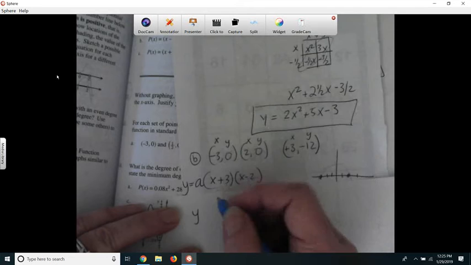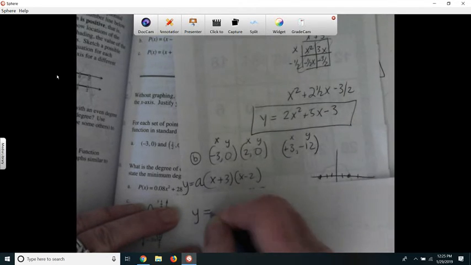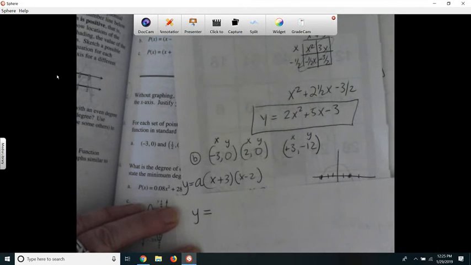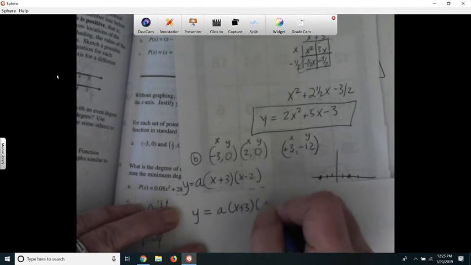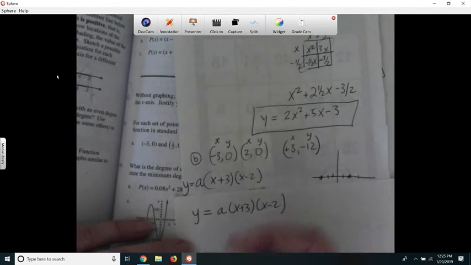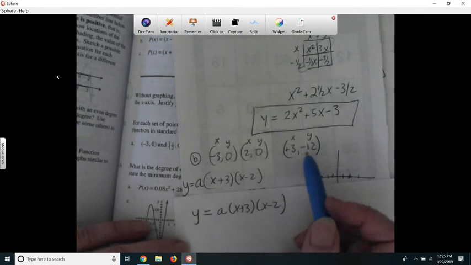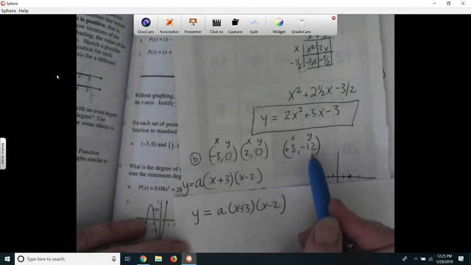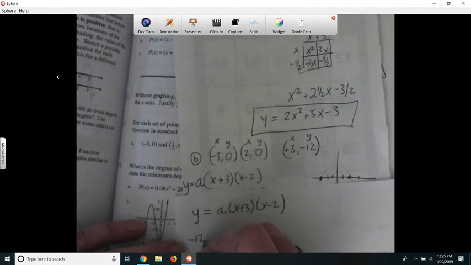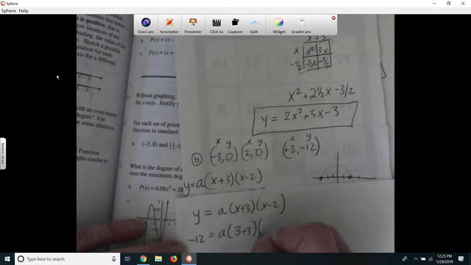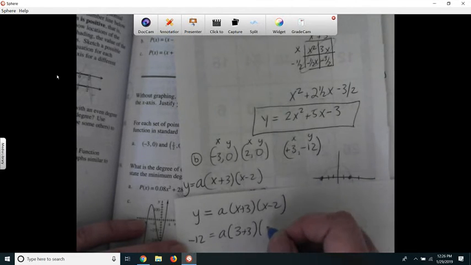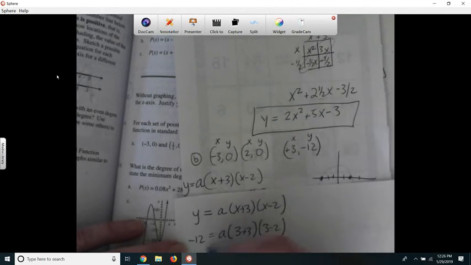Okay, so now I am going to plug in something for y and x. So let's plug in 3, negative 12. Okay, so this will be okay.